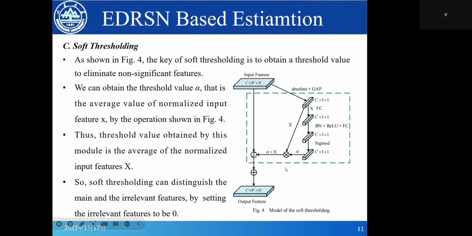And this is the operation. First is GAP and FC, or this one. Thus, the threshold value obtained by this module is the average of normalized input feature x. So we can get the conclusion that the threshold can distinguish the main and the irrelevant features by setting the irrelevant features to be 0.